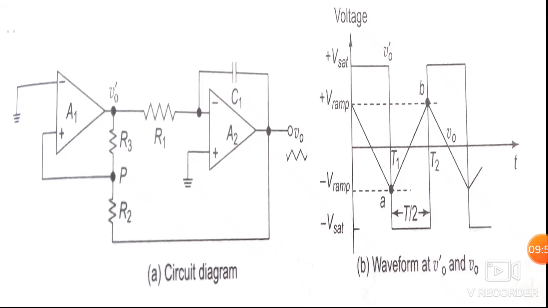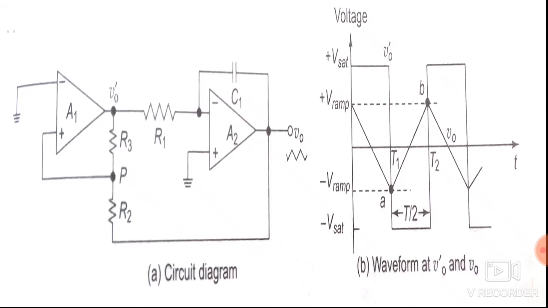Now, as the capacitor is charging in the negative direction, this curve is going beyond this point. At the potential where Vp equals 0, the transition will occur, because if it goes just beyond this line, the potential difference across the non-inverting terminal and inverting terminal becomes less than 0.